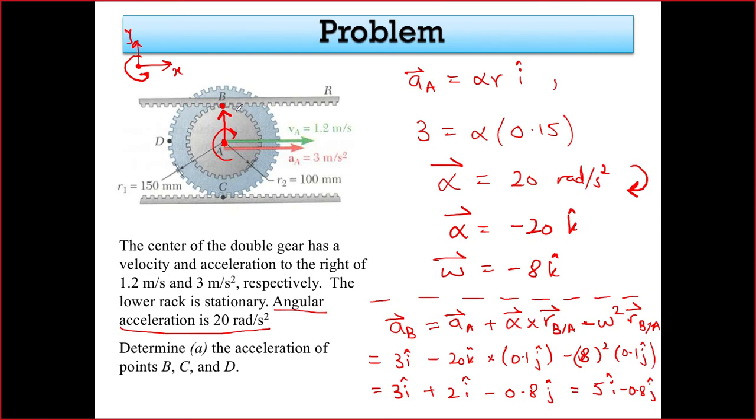So if I draw that out, 5i इस तरह का or 0.8 j, something like this. So B's actual total absolute acceleration is something in this direction.